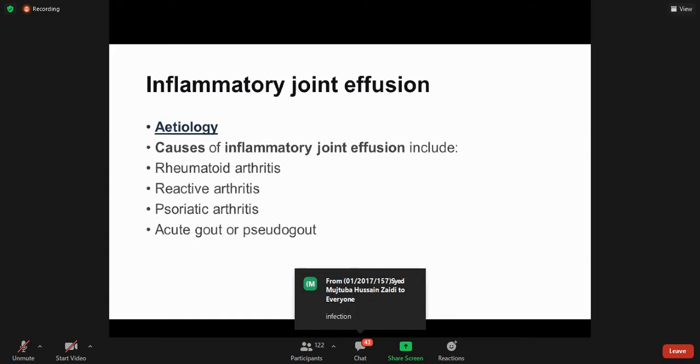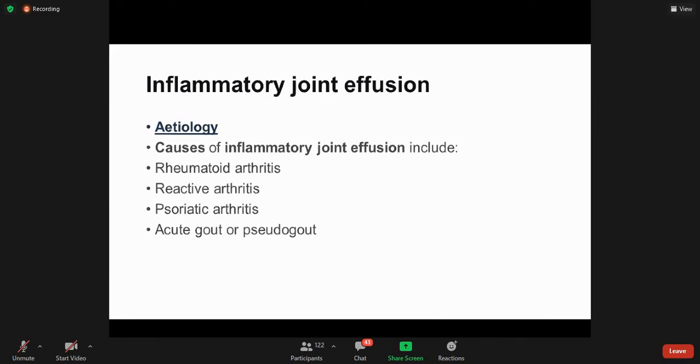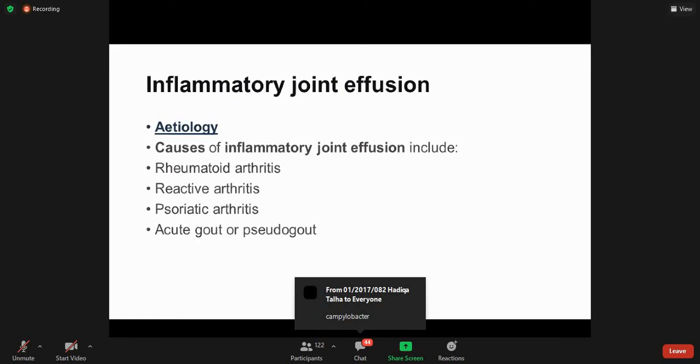There is a triad of conjunctivitis, urethritis, and reactive arthritis. And the causative organism? Campylobacter. Okay.